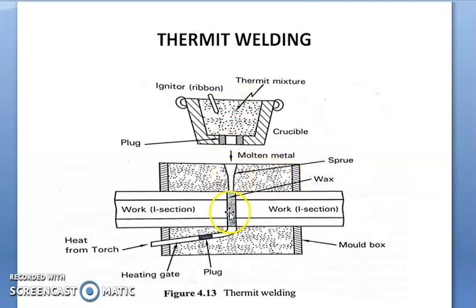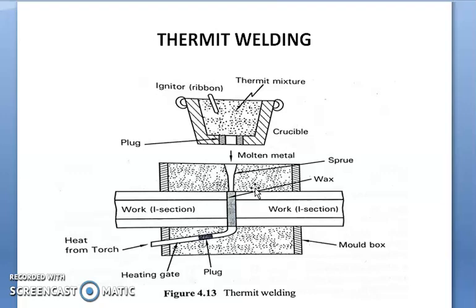It enters into the gap between the workpieces. After solidification takes place, the joining of the two metals takes place. After the weld joint cools and solidifies, the mold is broken, risers are cut, and the joint is finished by machining or grinding.